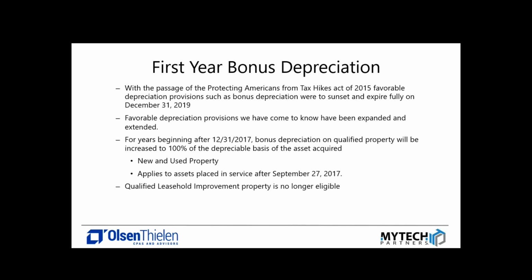For tax years beginning after 12/31/17, bonus depreciation on qualified property is increased to 100%, whereas previously, I believe in 2018 or 2019, it was only 40%. It even allowed taxpayers to go back to basically the last quarter of 2017 and apply these new depreciation rules.